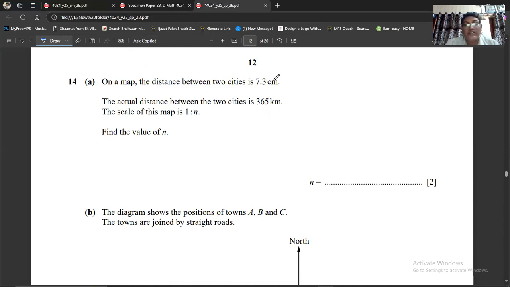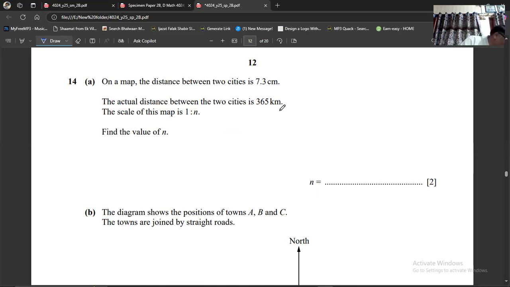So I'm going to use the ratio method. When I put the values in the ratio method, map ratio actual, the unit used must be the same. So the unit will easily be centimeter. So the 365 kilometers, I will convert this into centimeters.